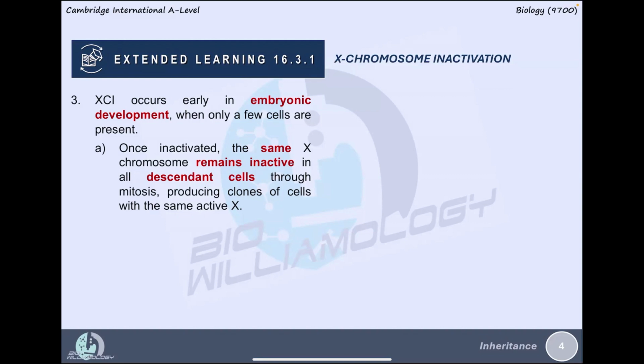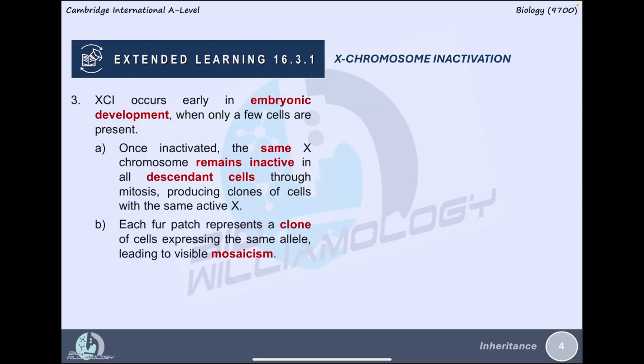On the other hand, another group of cells carries the black color allele, so the whole patch of cells expresses black fur. Each fur patch represents a clone of cells expressing the same allele, leading to visible mosaicism, or patches of color.